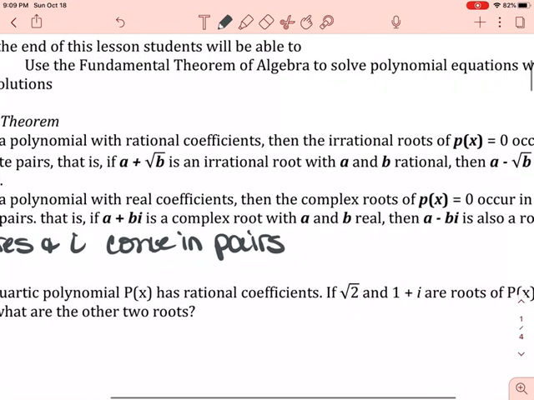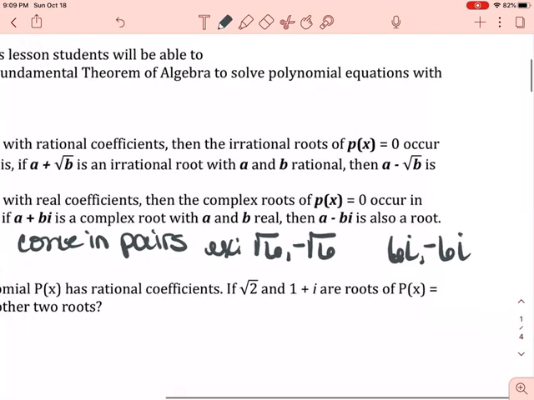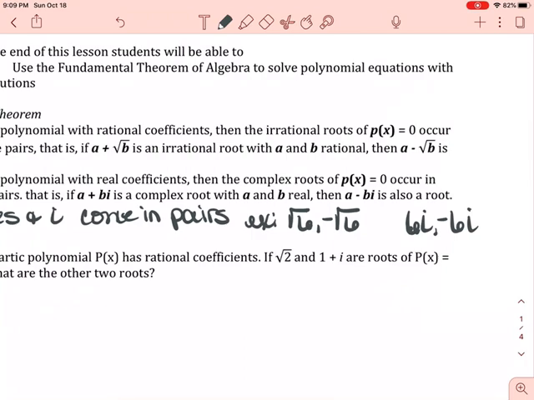So if you know one, you know another. For example, if I said the square root of 6 is a root, then you have to say that negative square root of 6 is a root. Or another example might be 6i is a root, then negative 6i is a root. So i's always come in pairs and square roots always come in pairs. So if you know one, you know another.